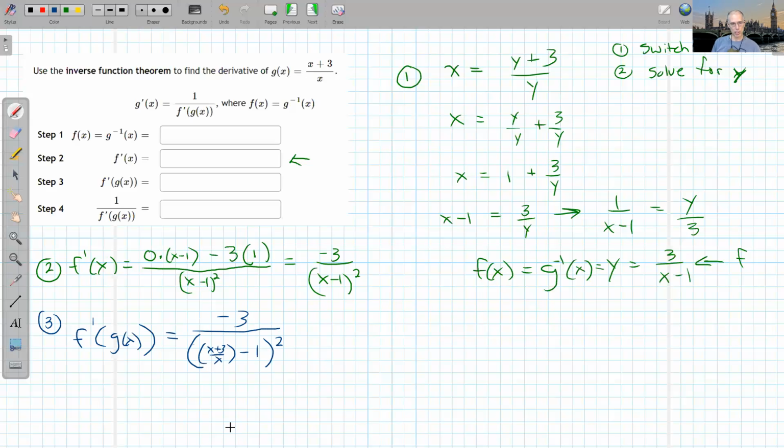Drops in there, and then we want to clean that up with a little algebra. So let's see. That's going to give me negative 3 over x plus 3 over x minus 1. We could view that minus 1 as x over x. So I have x plus 3 over x minus x over x.